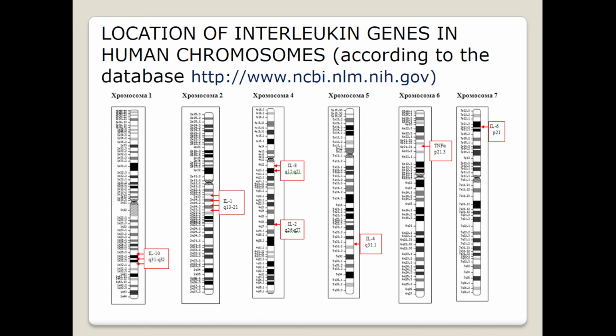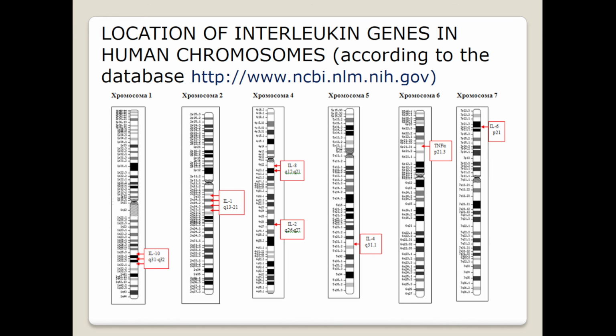So we can see on chromosome number 2 the position of interleukin 1, chromosome number 4 the position of interleukin 8, chromosome number 5 the position of interleukin 4, chromosome 6 TNF alpha or tumor necrosis factor, and chromosome 7 is interleukin 6.